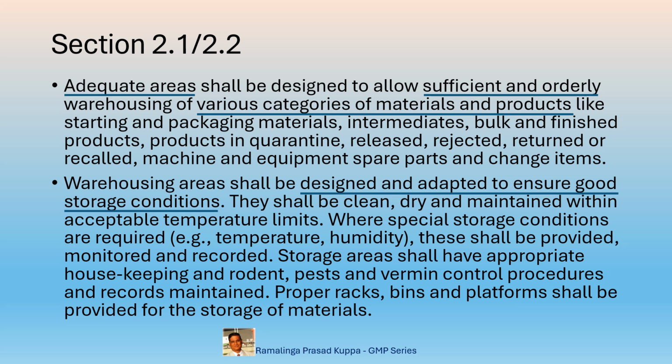Such critical storage areas should be well maintained with regular housekeeping procedures, including rodent and insect control systems. Records are the only objective evidence for the activity performed. This is the basic requirement to comply with GMP. Racks and bins are the best way to segregate and protect the materials from degradation.